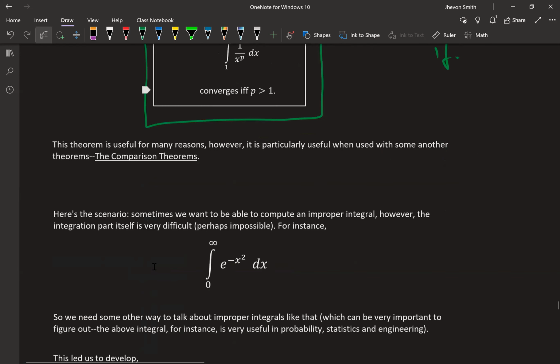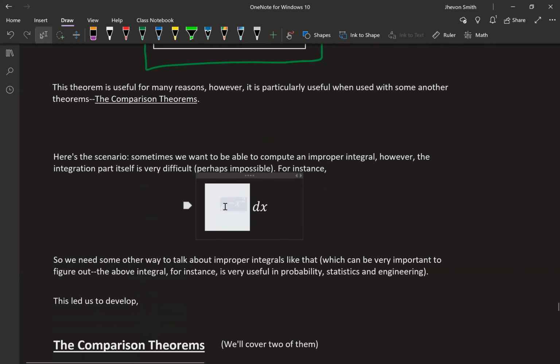However, sometimes we have an improper integral where we don't know how to actually take the antiderivative of the function. Maybe it's a rule that we just don't know about, or it's a function where we know for sure that there is no antiderivative in terms of our familiar functions. So that is the situation that the comparison theorems help us to handle.